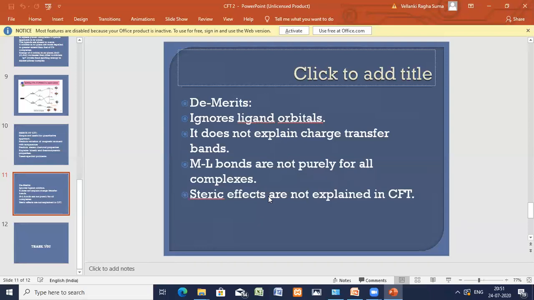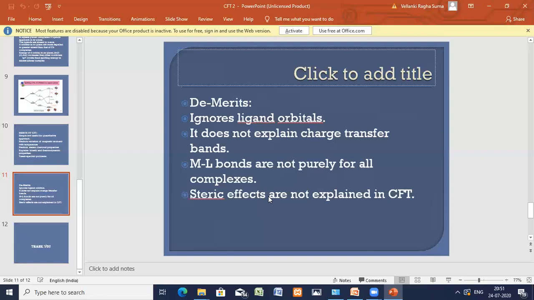In the previous session, the shapes of the d orbitals and their spatial orientation around the central metal ion were explained. After understanding the shapes of the d orbitals, I explained the postulates of the crystal field theory given by Bethe and Van Vleck.